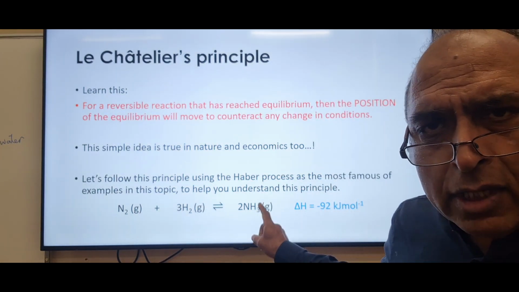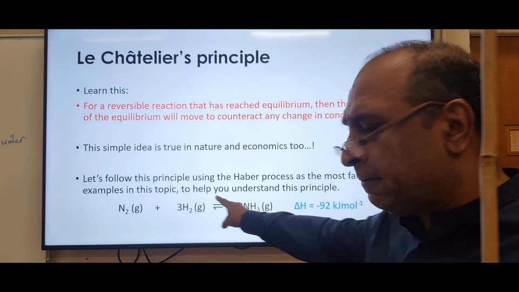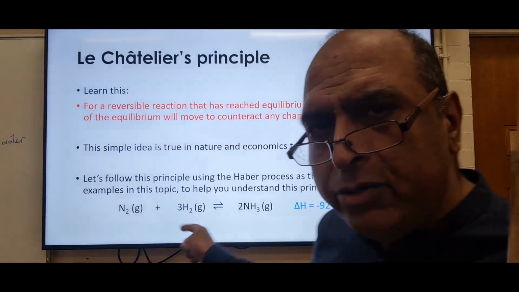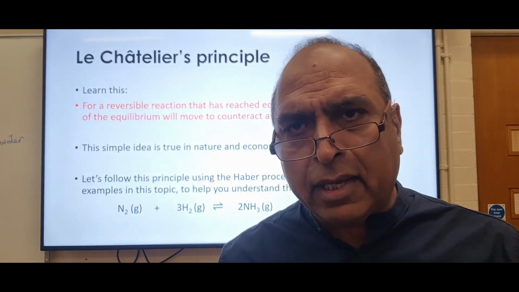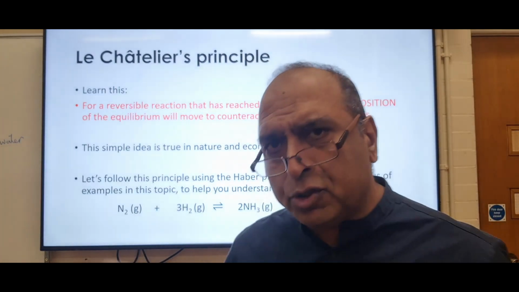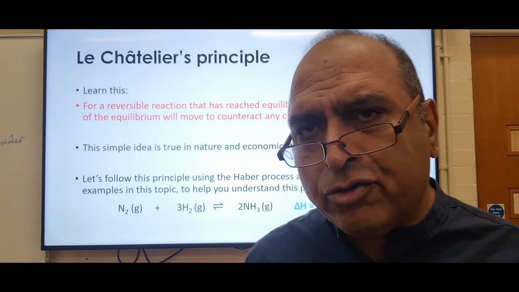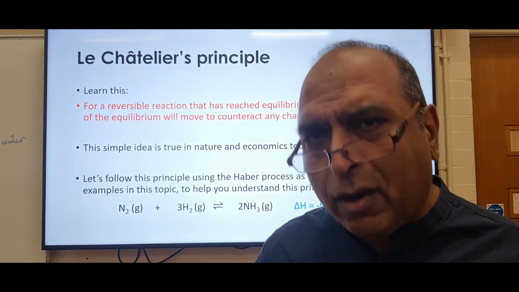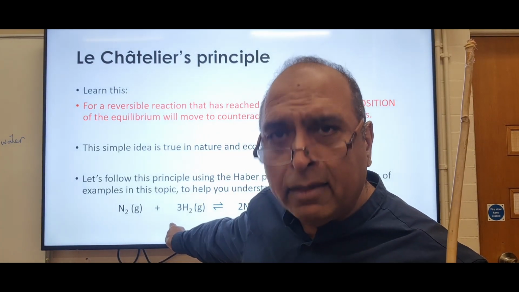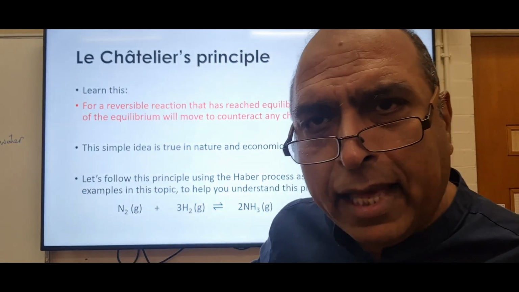They will test them using the Haber process, which uses nitrogen from the air, and hydrogen, which we can make by reacting methane gas. You don't need to know how that happens, but hydrogen gas is quite easy to get by reacting methane gas. Nitrogen gas is very easy from the air.